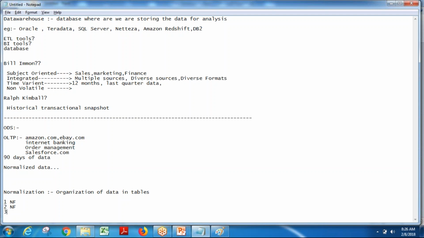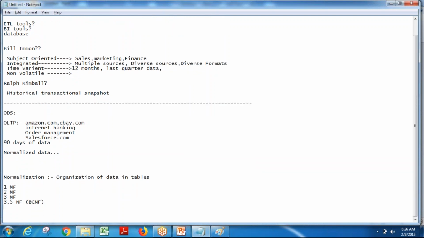Then the second normal form, third normal form, and you even have 3.5 NF, basically BCNF, also called Boyce-Codd normal form. You can explore it, but I'm not going into details. Fourth normal form, likewise, there are different rules that we apply in organizing the data within your database.